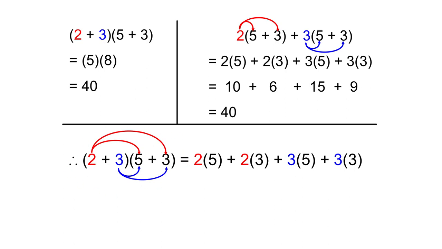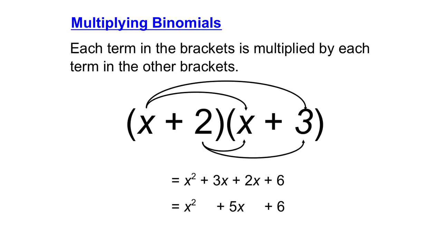Here it is. You can see the familiar drawing that you might have seen in your previous math classes. This is multiplied by each of these, and this is multiplied by each of these. When you do that, you end up with this. And this is an extension of the distributive property.